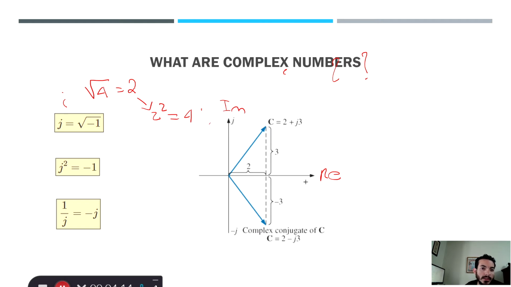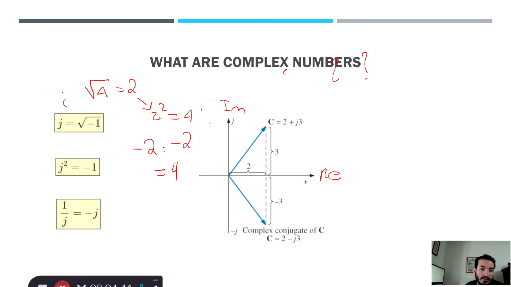If you square this number, it will give you 4. There are no negative numbers that multiplied by themselves give you a negative number. For example, -2 times -2 gives you 4. So you cannot multiply two negative numbers and get a negative number.